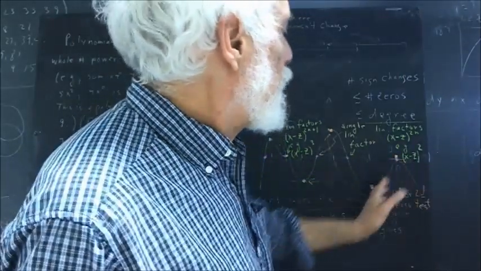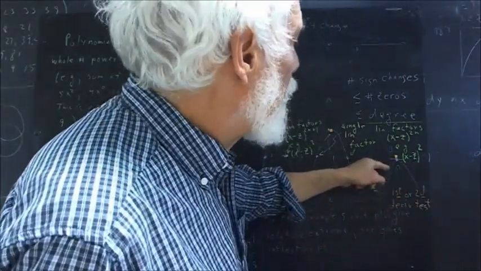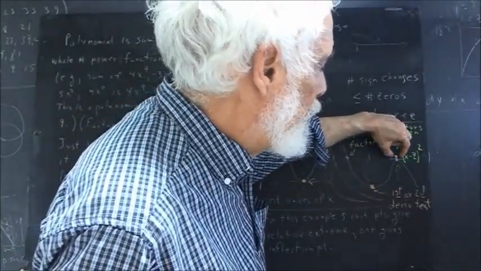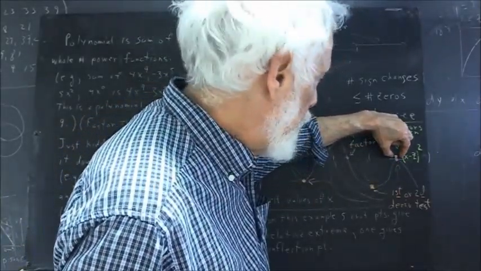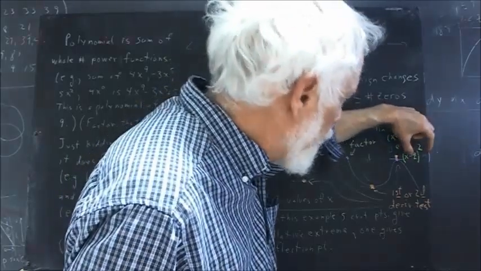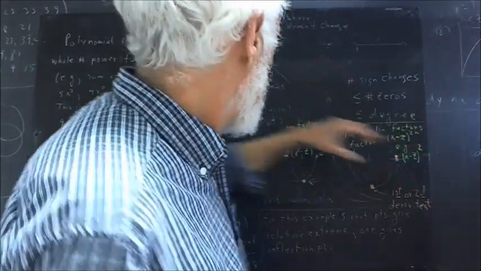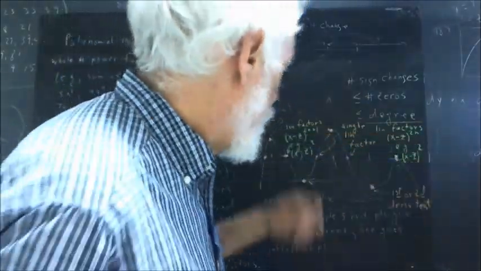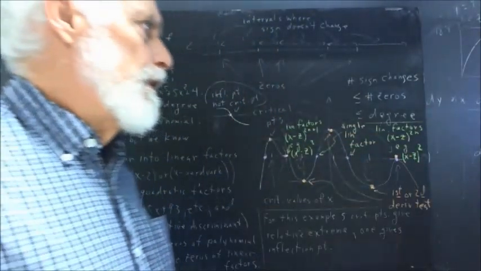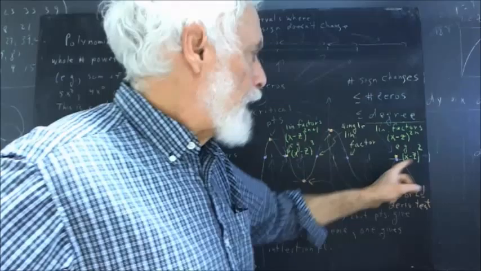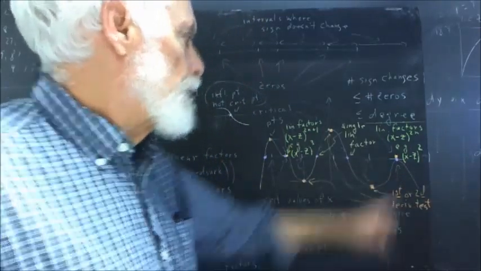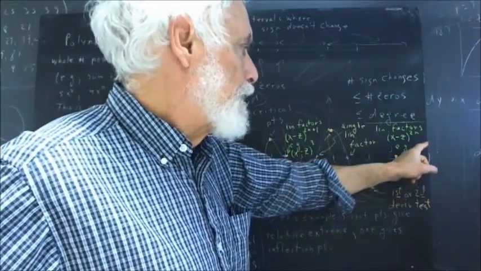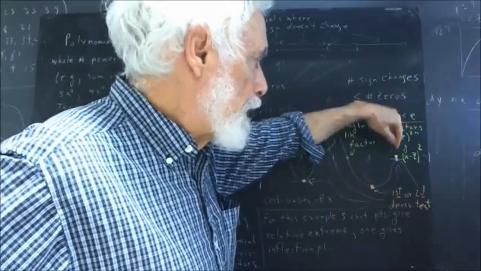For example, x minus z squared. That would lead you to essentially parabolic behavior in the immediate vicinity of this point, or near parabolic behavior, because of course you'd have all the other factors, and I don't want to go into all that detail. That's something that you would hopefully understand from a really good pre-calculus course, if this was an x minus z squared, okay, if this was a second order zero.